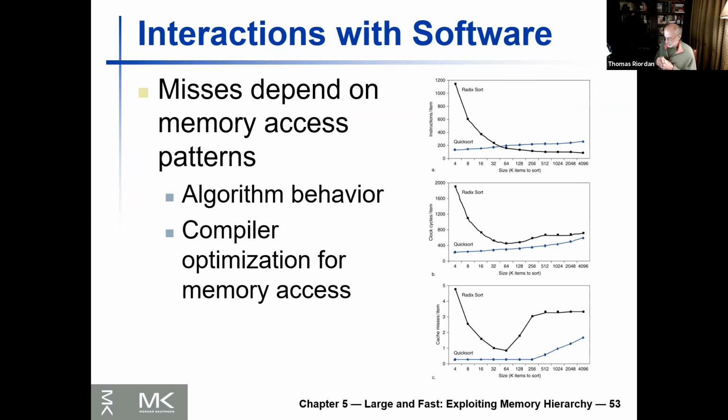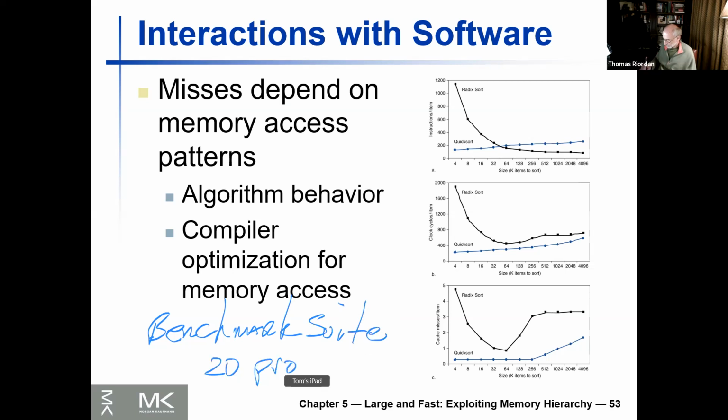The algorithm that you use for a program can always affect the performance, but that's the purpose of the benchmark suite, right? The reason we have a benchmark suite, a whole set of programs, 20 odd programs, is because programs are different and algorithms are different, and they all have slightly different characteristics.